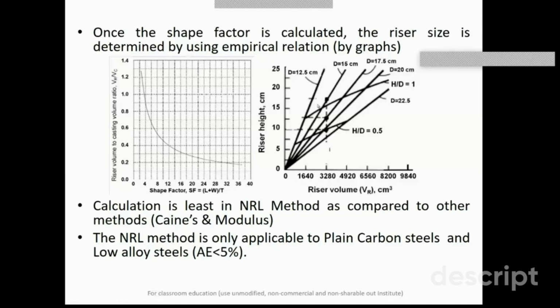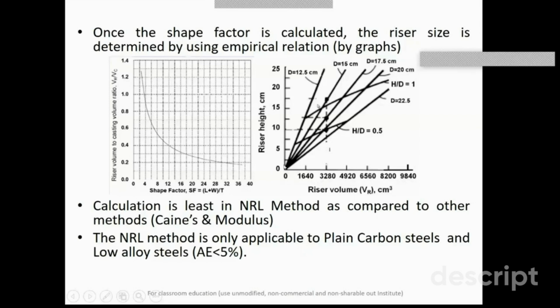In this method, the calculation is least as compared to the Caine method and Modulus method. And further, they have simplified their calculation in terms of the riser volume and the riser height. Once you calculate the volume ratio, and you already have the volume of the casting, the riser volume can easily be calculated.